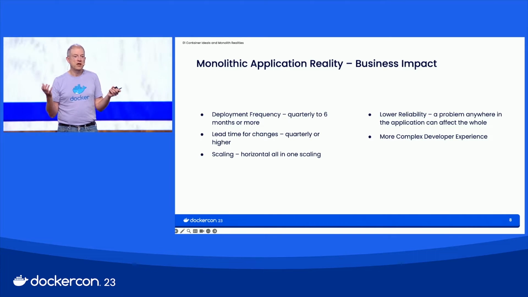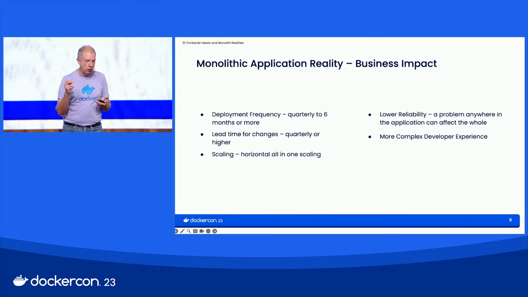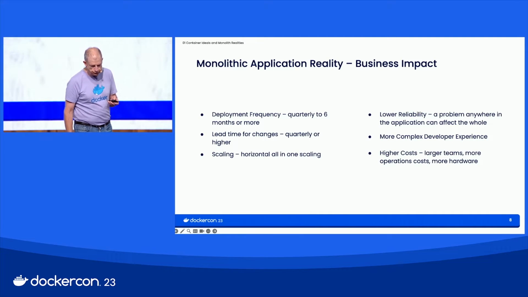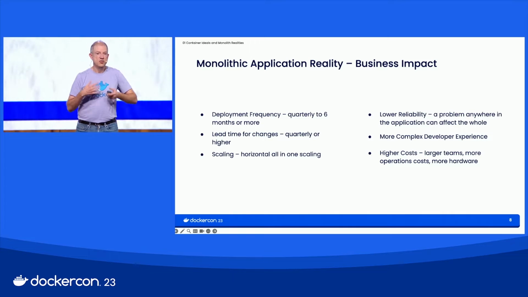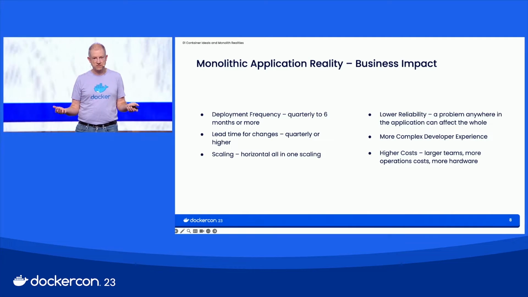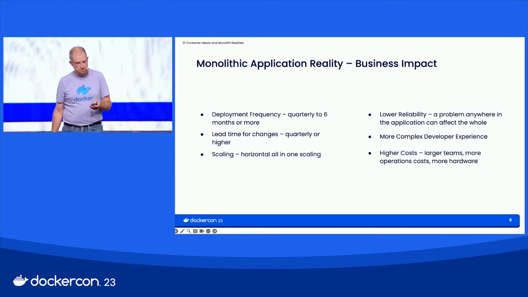And this complexity is really what's driving that low deployment frequency and the long lead time for changes. All this means higher cost. It means larger teams, it means more operation cost, it means more hardware. This is the business impact of having this application and why this enterprise architect's been told, do something about it.